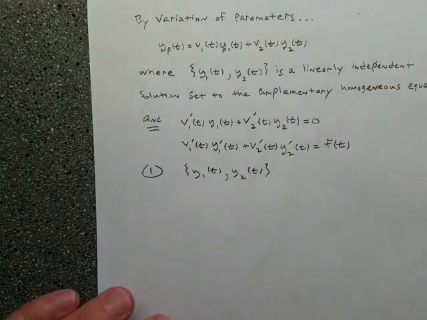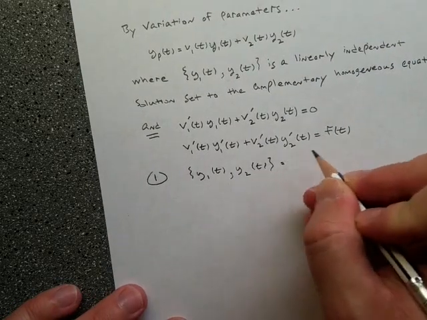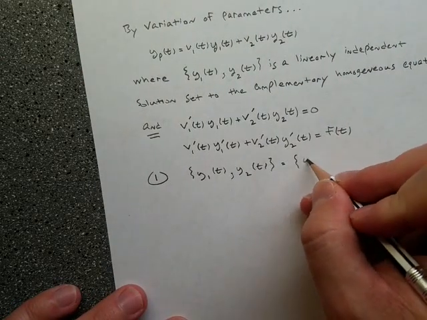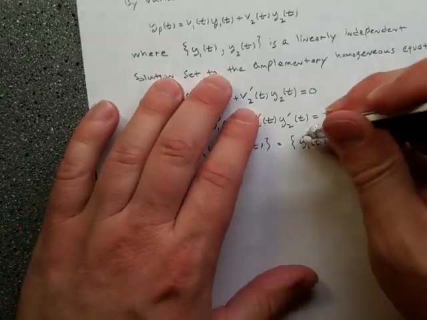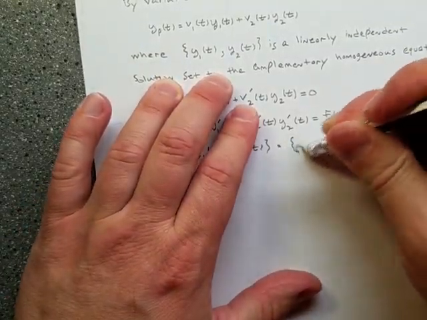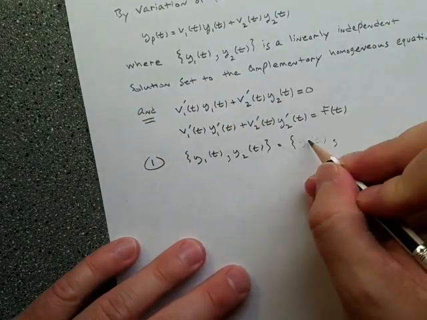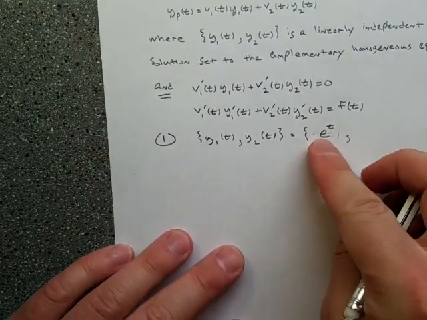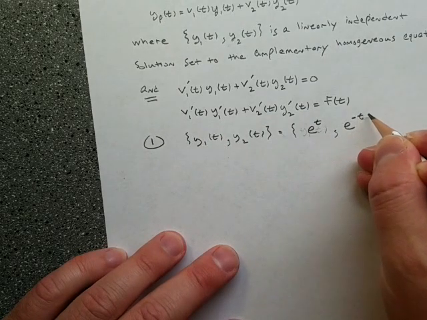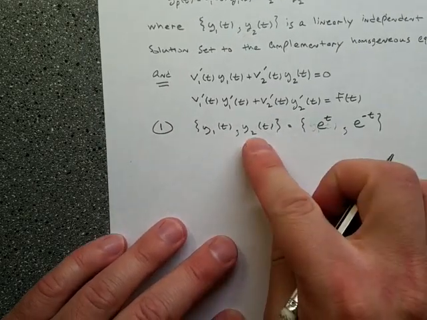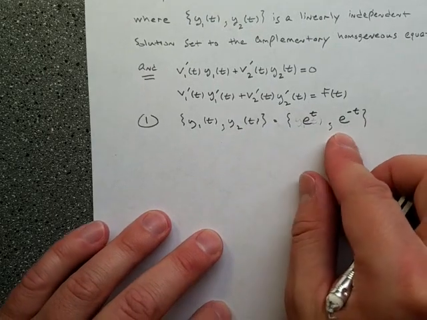So let's say, by our work elsewhere, e to the t power is going to be that, and e to the minus t is going to be this. So that's y1 and that's y2.